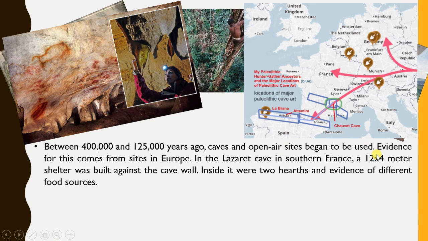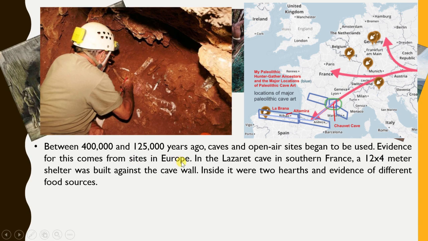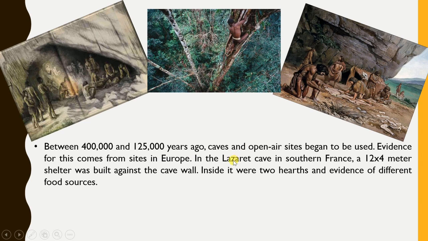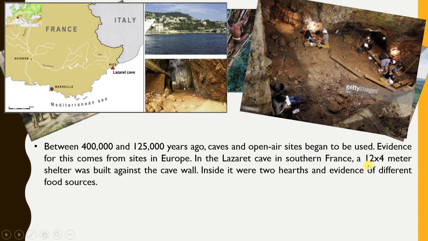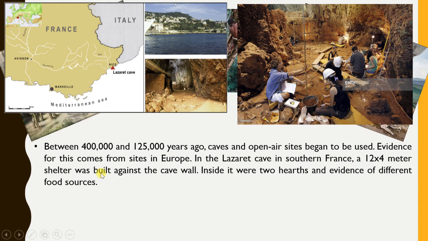The first evidence was from a site in Europe. At Lazaret cave in southern France, a 12 by 4 meter shelter was built by the early humans beside a cave wall.